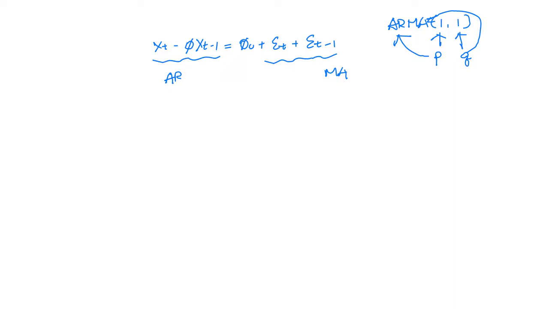So xt is equal to, all I do for the first step is move the negative xt minus 1 term to the right-hand side. And then the next step is to apply the expectation operator to all right-hand side variables.